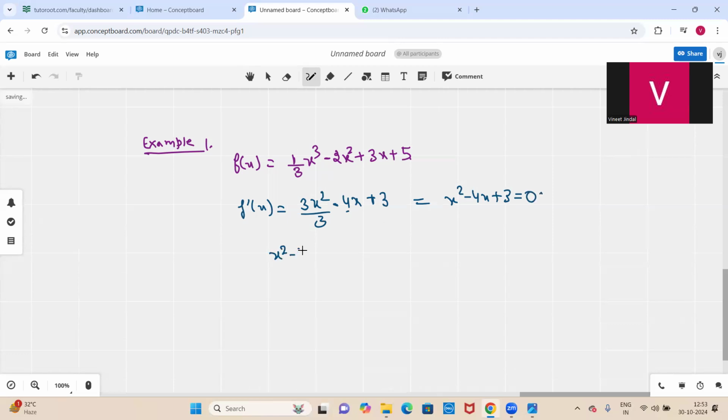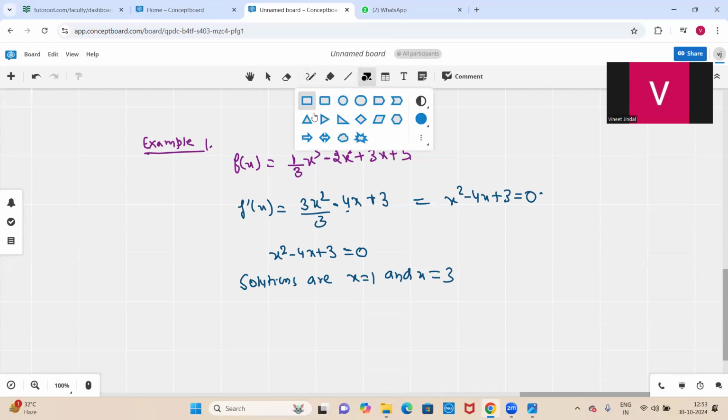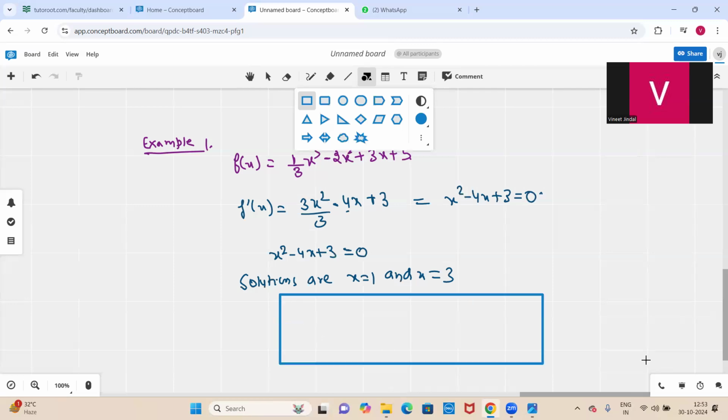So x square minus 4x plus 3 is equated to 0 to find the stationary or critical points. After solving this quadratic equation, the solutions are x equal to 1 and x equal to 3. After that, we construct the table.